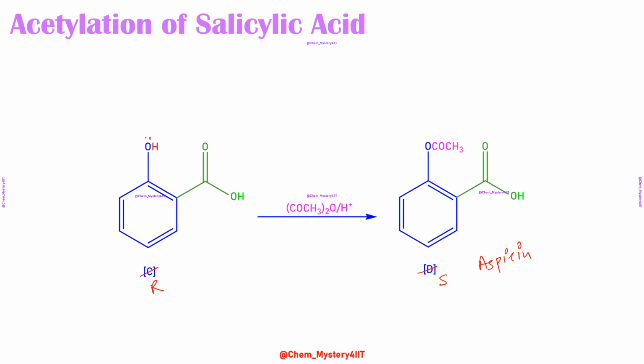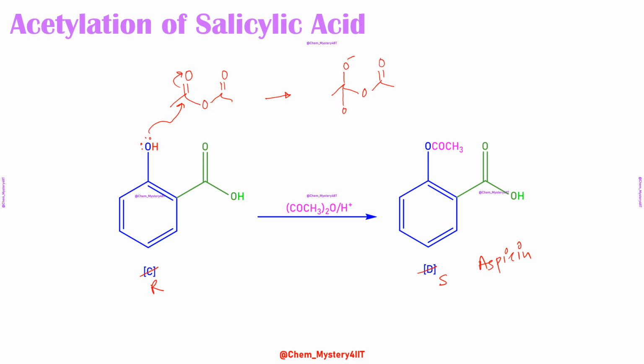So what is happening? This phenolic oxygen is going to attack this acetic anhydride. Oxygen will be attacking over here. We'll get some tetrahedral intermediate, and then the tetrahedral intermediate is going to convert into aspirin by loss of this group.